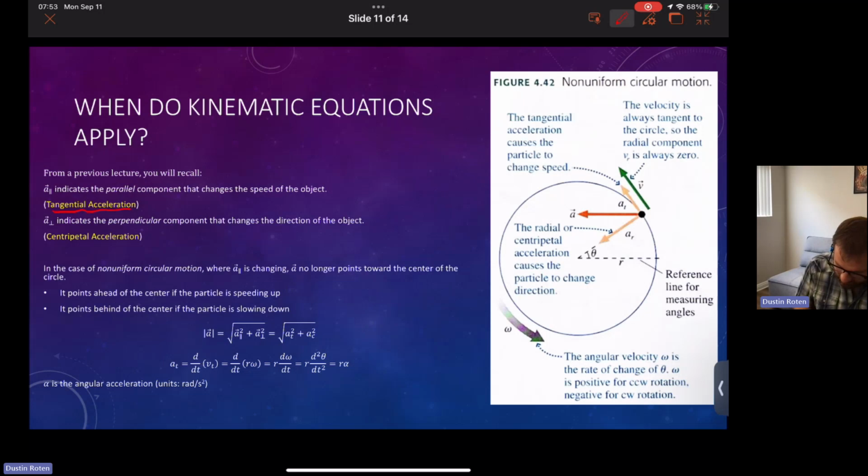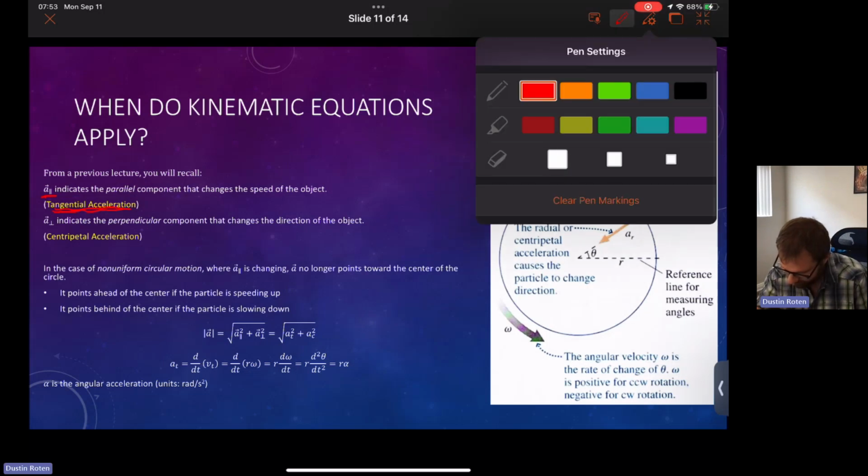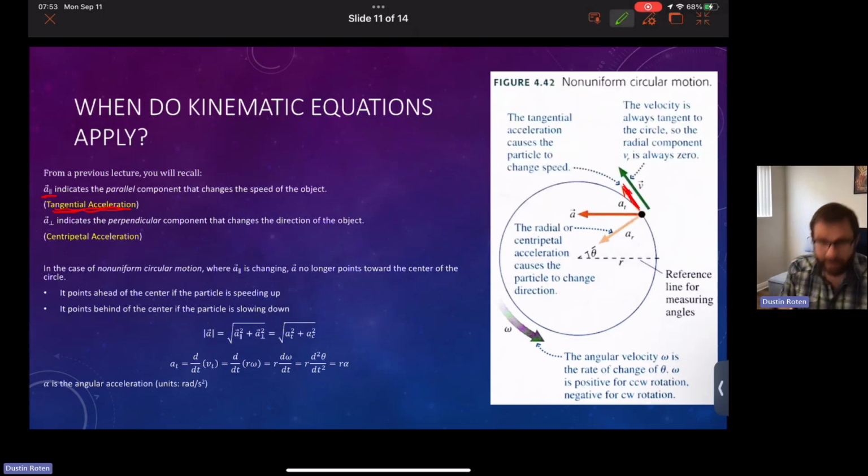Your tangential acceleration, which is parallel to the motion, is here. And then your perpendicular component is going to be your centripetal acceleration.